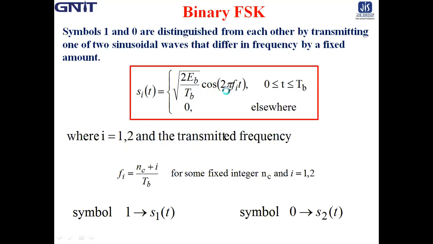So f1 and f2 are the transmitted frequency. So fi is represented as (nc plus i) by Tb, where nc is some fixed integer and i is equal to 1 to 2.